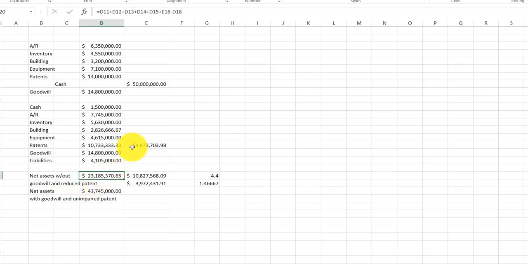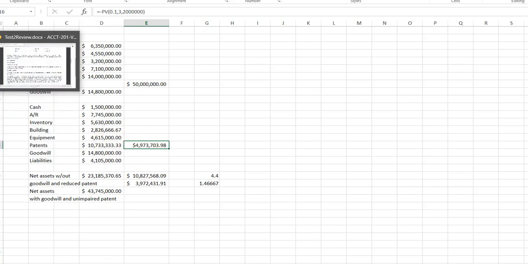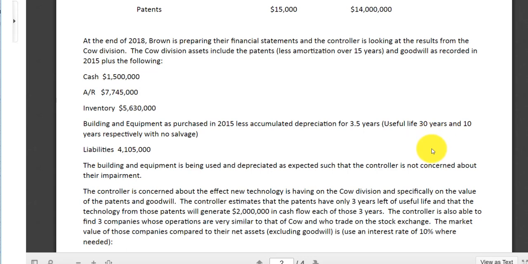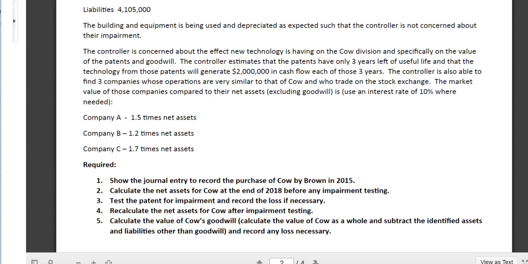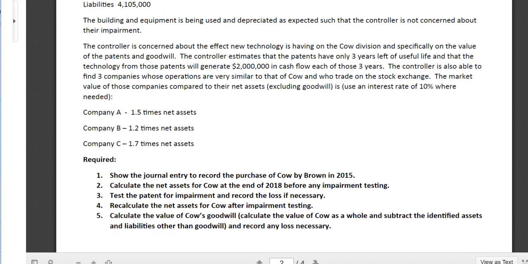All right. Now, when we look at the patent, we see that there's concern there, as is stated by the controller, that we may not be able to utilize this technology. And so this $2 million is only going to generate $2 million in cash flow for 3 years left.